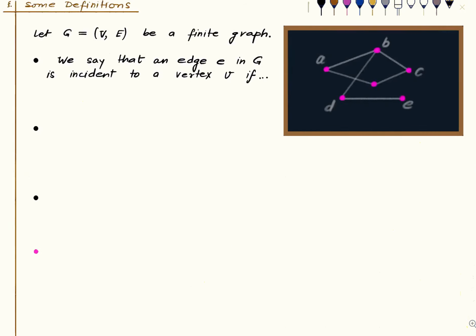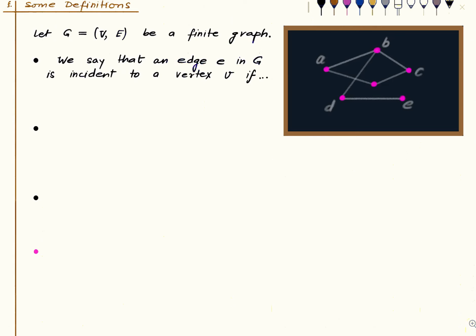So we will discuss some definitions. Suppose G is a finite graph. By that, I just mean that the vertex set V is finite, so the number of vertices is finite. Now, given such a graph G, an edge e in the graph G just means an element of the set capital E. You could just say e lies in E, and it's exactly the same thing.